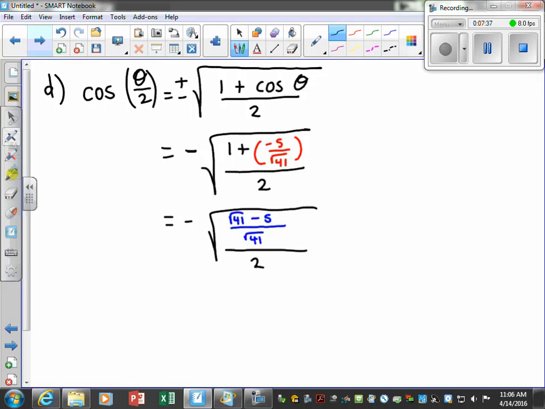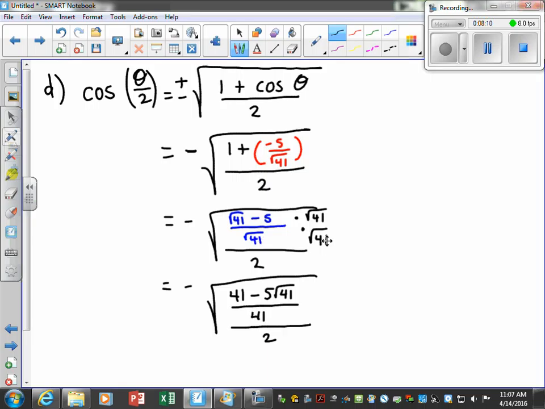I'm going to choose to rationalize next. So multiply by the square root of 41 over the square root of 41. And you distribute that back. So square root of 41 times the square root of 41 is just going to be 41. Square root of 41 times 5 is going to be 5 square root of 41. Denominator simplifies to 41, and then of course that's all divided by 2.